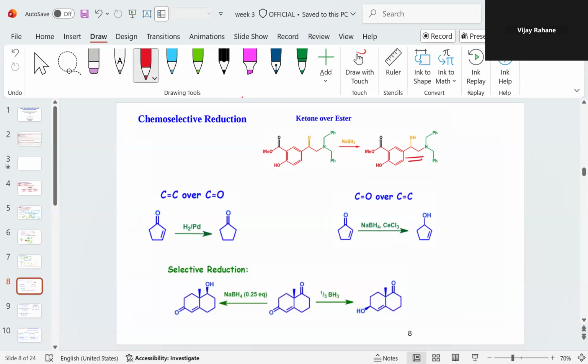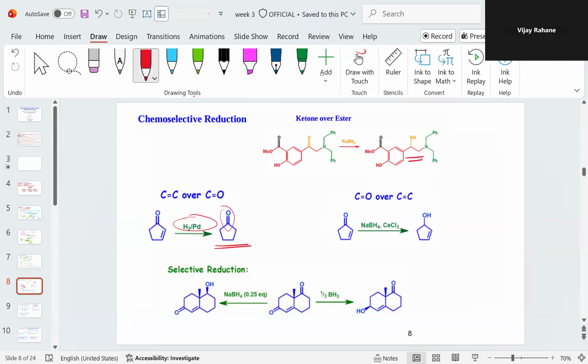Then another example here. Let's say we have an alpha beta unsaturated carbonyl compound and we do the H2 Pd reduction. It will selectively reduce the double bond and keep this carbonyl compound unaffected. But if we use the NaBH4 with cerium trichloride, this cerium salt, then what happens?